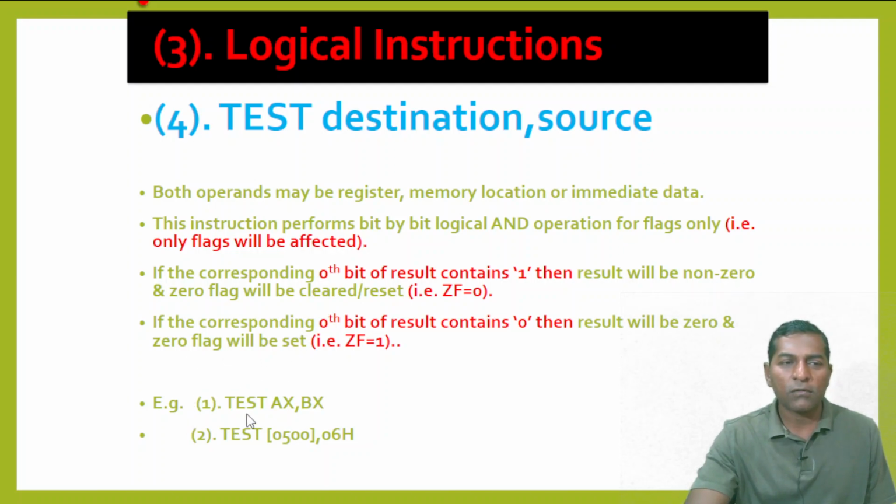The example for the TEST instruction is TEST AX, BX. So it will work on these two operands as defined. The operand can be memory, for example 0500 is the memory location on which the contents 06 are applied for the test operation.